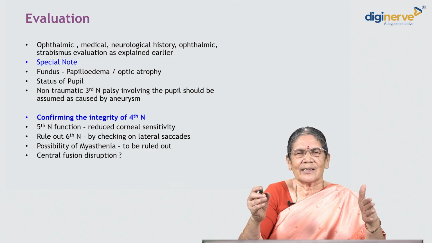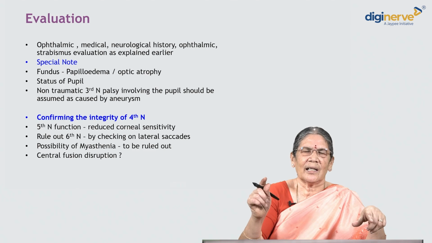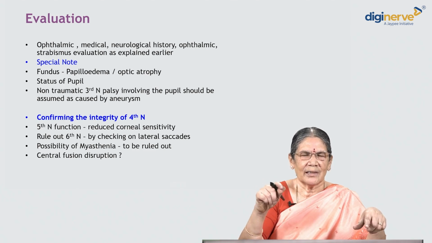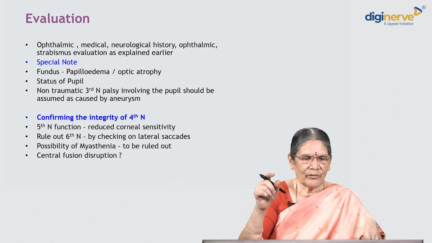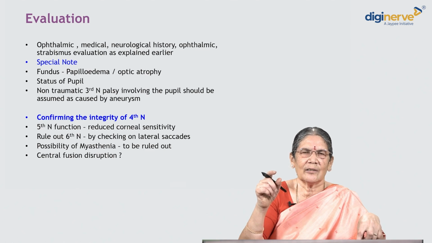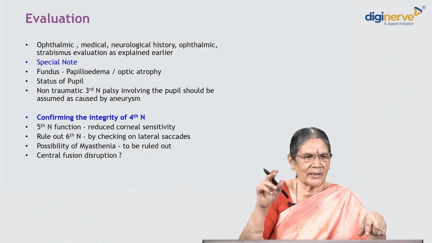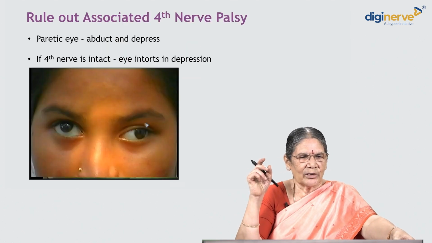If that center also is damaged, even if you make the eye aligned at the center, thinking that you are going to give a diplopia-free field, they may not be able to fuse the images from both sides if the cortex is not functioning. That is called central fusion disruption. If that is there, you can discuss with the patient that it may not be possible for us to do anything about the double vision.